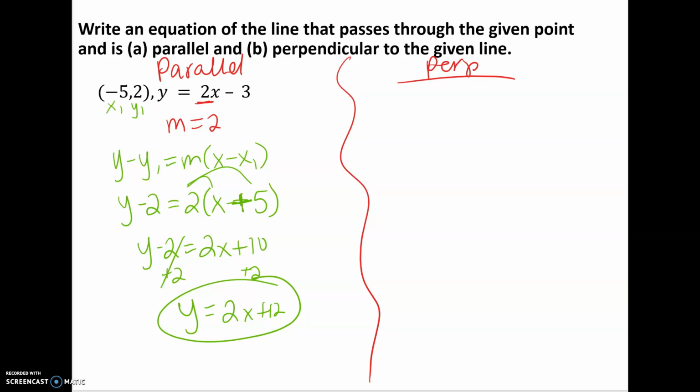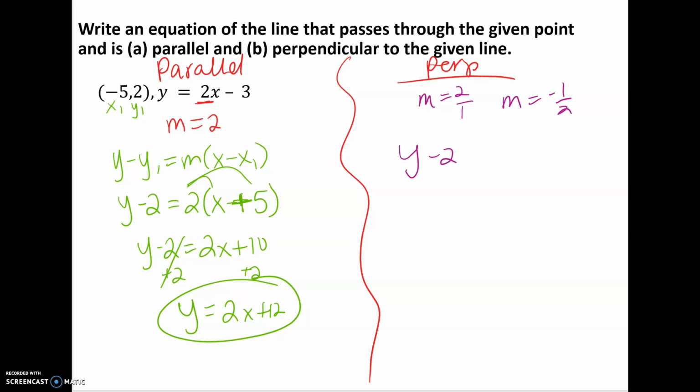Now I need to write my perpendicular line. So perpendicular means that I'm going to use my opposite reciprocal slope. So my original slope was 2 over 1. So I'm going to flip that and change the sign, -1/2. Okay, and then I'm using that same point.